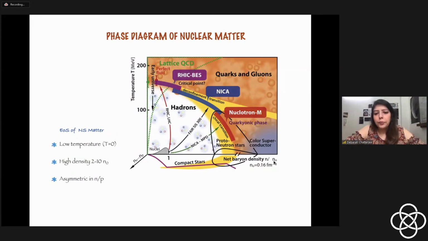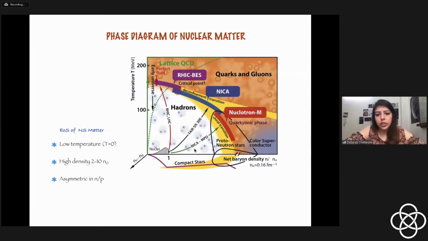Now, there are other terrestrial experiments, like you must have heard of heavy ion collision experiments, accelerators like CERN, and also GSI, where the FAIR experiment is, NICA, and so on. I will come to this as well. These experiments collide heavy ions, right?